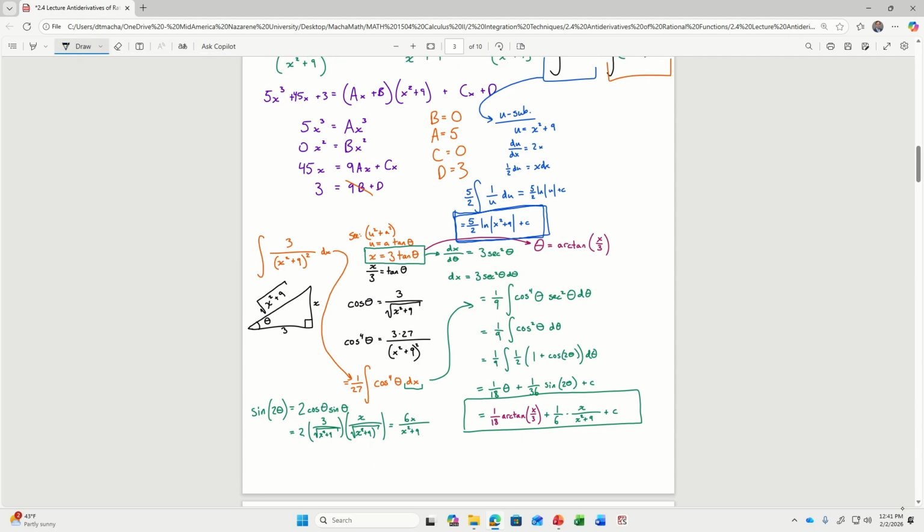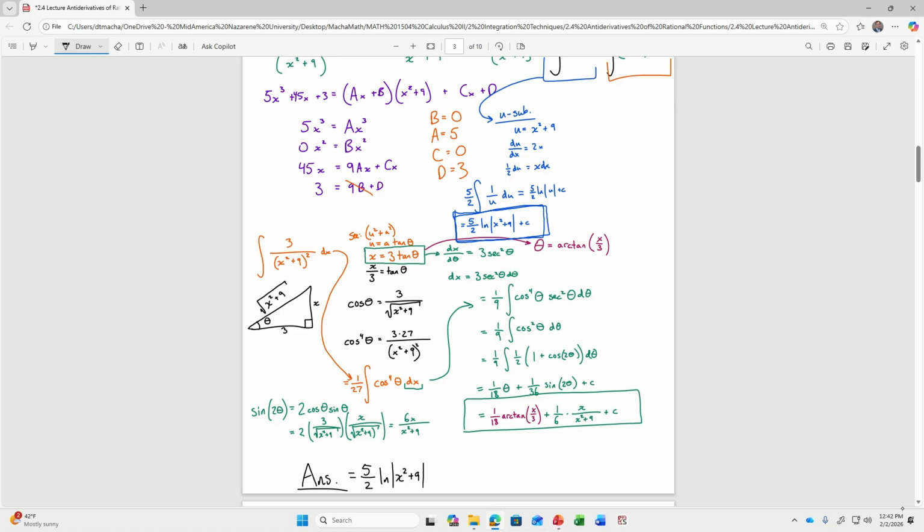And so to write down my complete answer, the final answer here is 5 over 2 natural log of x squared plus 9. And I guess x squared plus 9 is always positive, so I don't even really need those absolute values right there. But it's not a bad habit to be in.